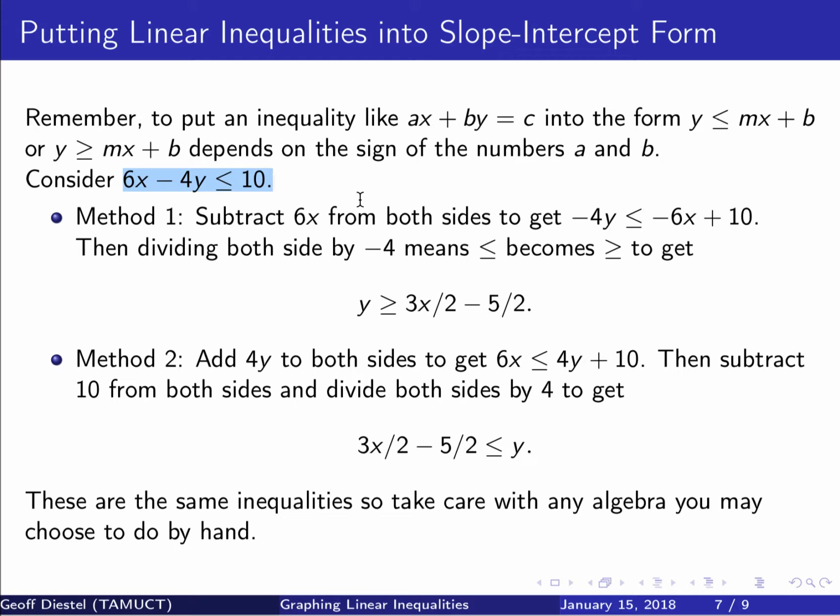Depending on the algebraic steps you choose, you get to the same answer, but you have to be careful with the inequalities. In method 1, I subtracted the 6x from both sides and then divided by the -4. But dividing by the -4 means we had to swap the direction of the inequality. In method 2, I just used adding and subtracting of terms to get to the same thing. The only difference is the quantities are written on different sides of the page, but the inequality is the same.